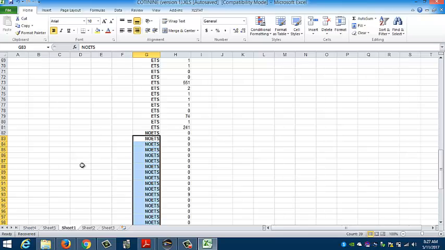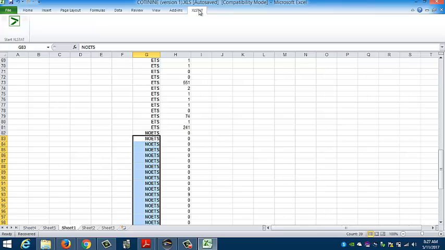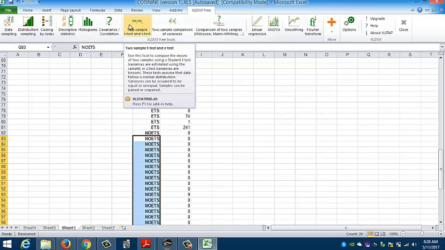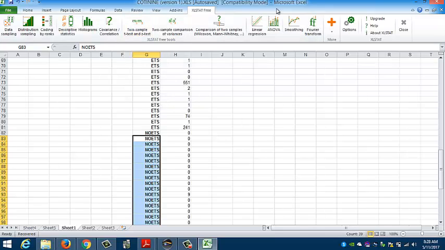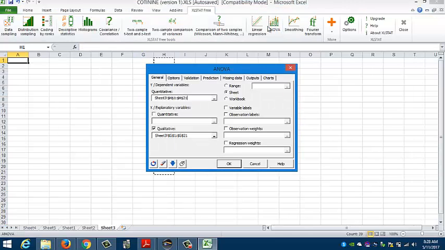Anyways, to do this particular exercise with Excel Stat, and again, I still have to launch mine. It's not running yet. But if you have the full version, I believe it's under modeling data or mathematical modeling of data. You want to click on ANOVA, which stands for Analysis of Variance. So here it is, ANOVA.